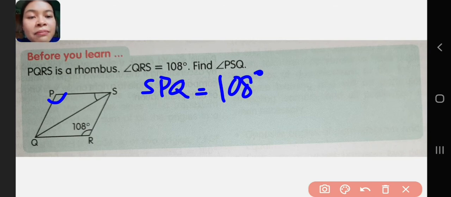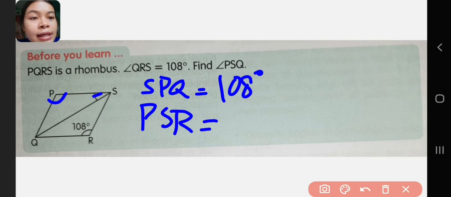How to find PSQ? We need to know how much PSR is first, because PSR and QRS are in the same line, which means they add up to 180 degrees.